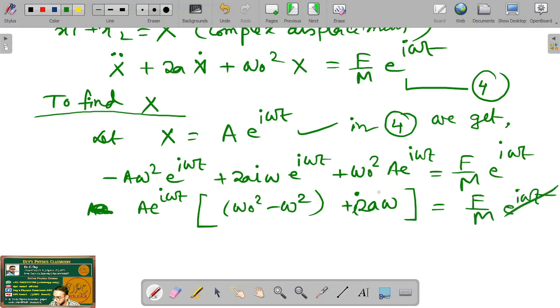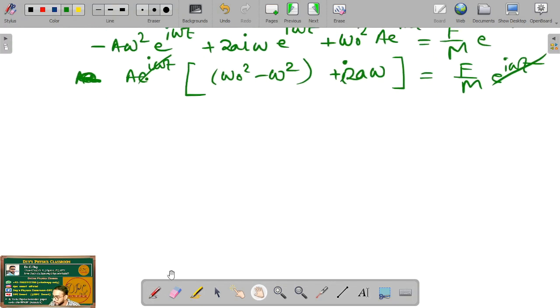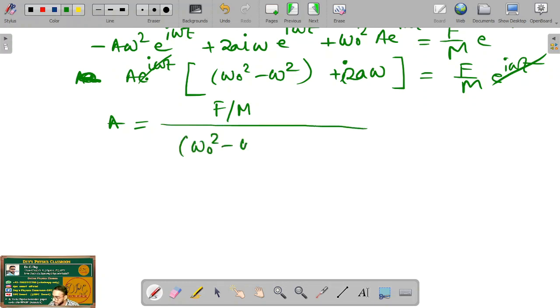So e to the power iωt cancels out on both sides, and finally we get the value of A equals F by m whole divided by ω0² minus ω² plus i into 2aω.